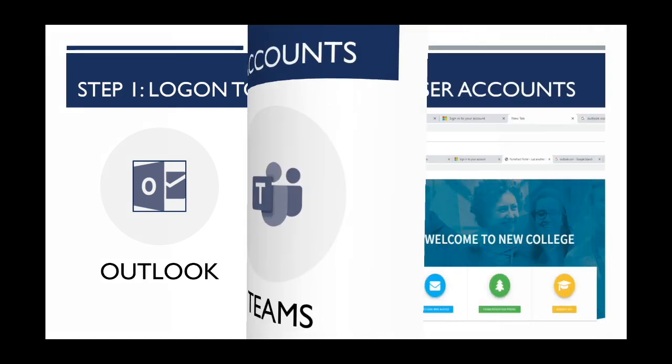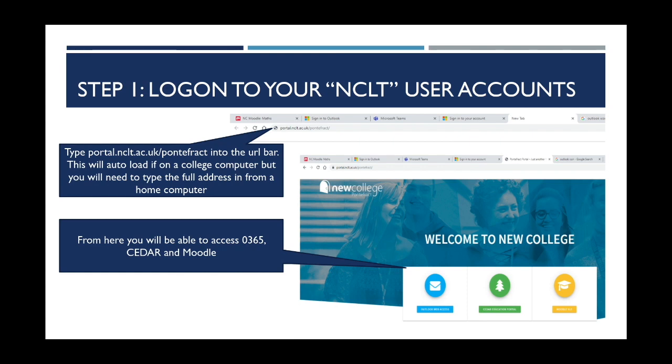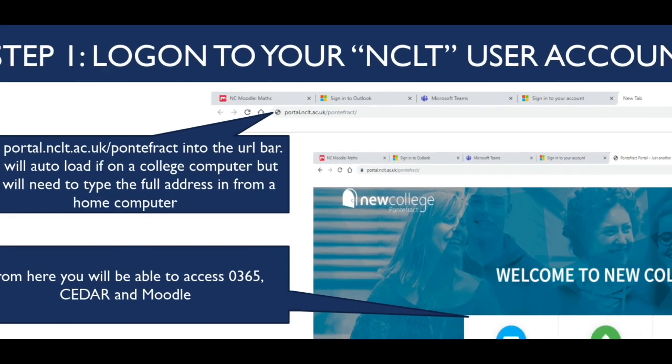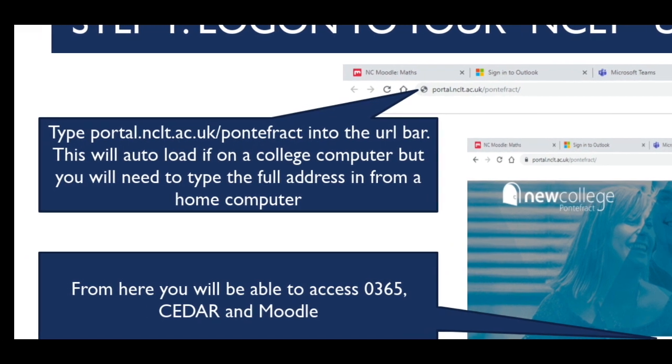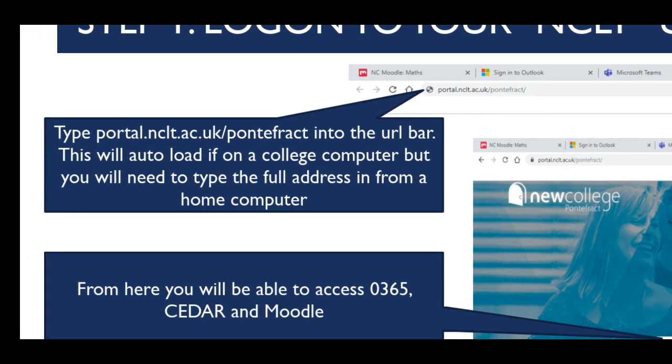So, how do we actually get you onto the Teams system? Now, if you are in college and you are accessing the computers at a desktop in one of our classrooms, the auto homepage will load up as the portal, or if you just type it in on one of the computers, it will auto load essentially into that URL bar.